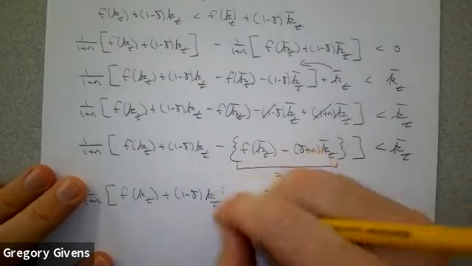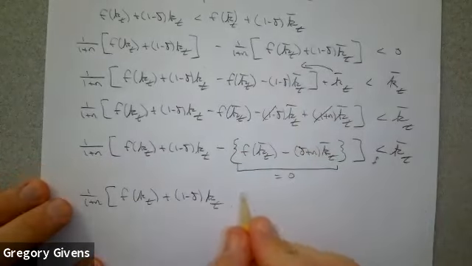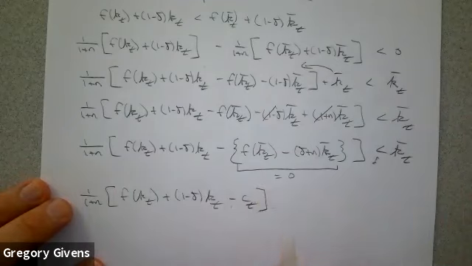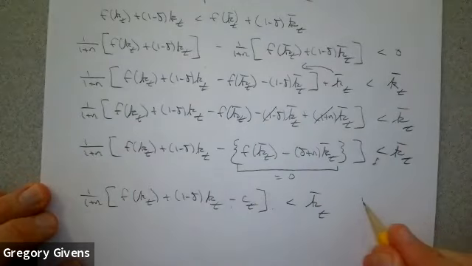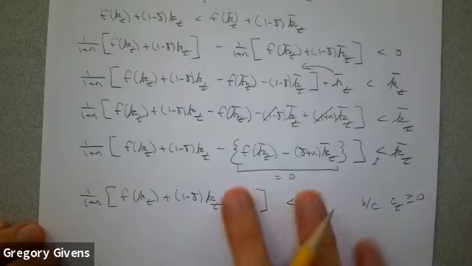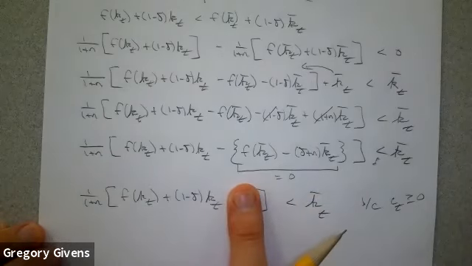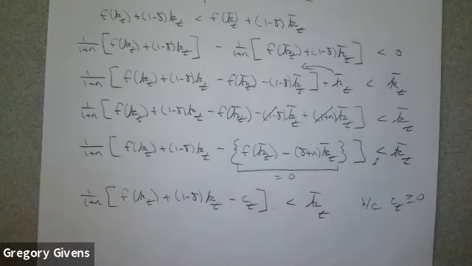Well, if I were to subtract a c_t on the left-hand side, the inequality is still going to hold, right? Because c_t is greater than or equal to 0. But what I can do is subtract c_t over 1 plus n from the left-hand side, and the inequality is still going to hold because consumption is non-negative.